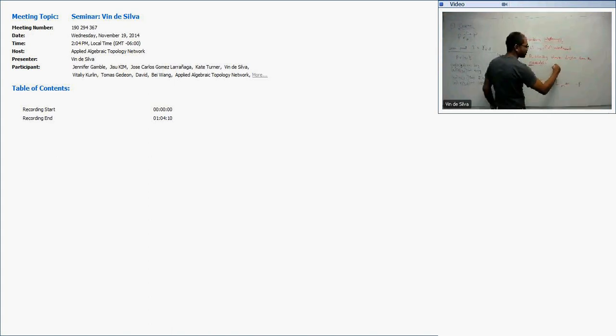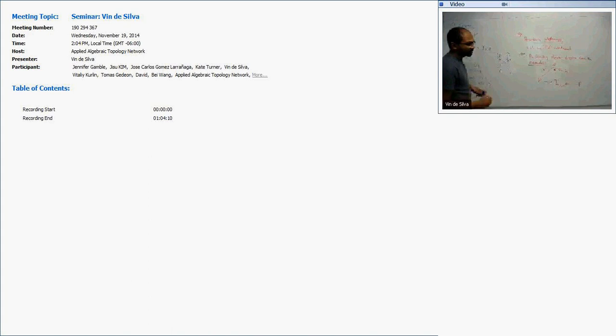And now I have my first persistence module V and second persistence module W. And so the point is that an interleaving is a functor from this combined category to the target. Okay, so that's really what interleaving is.